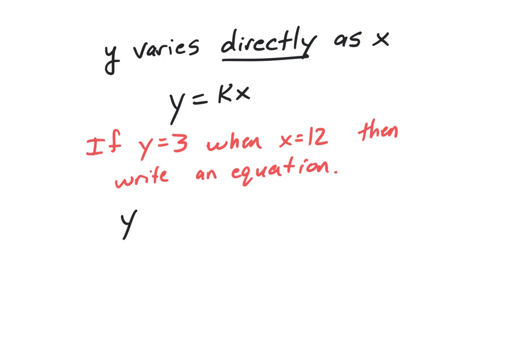And this is where you can do what we did before. You can go 3 equals k times 12. And then to get k by itself, we're simply going to divide by 12.